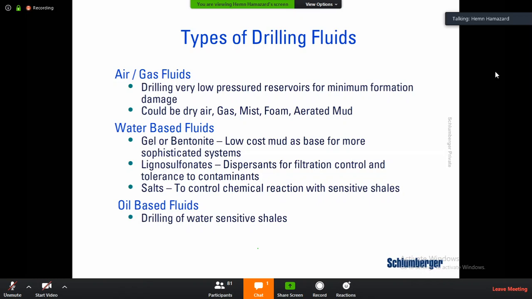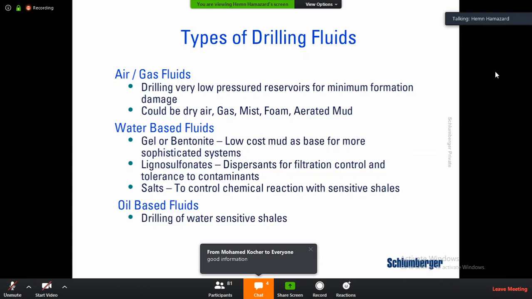So there is no way to carry or suspend the cuttings with air. But with the water-based fluids, you can have a high gel, high yield point. And as a result, you can stay away from getting stuck and some other issues. So this is one of the functions of the water-based mud.